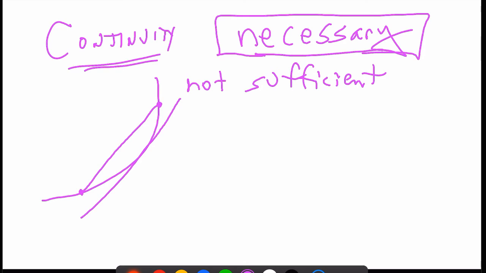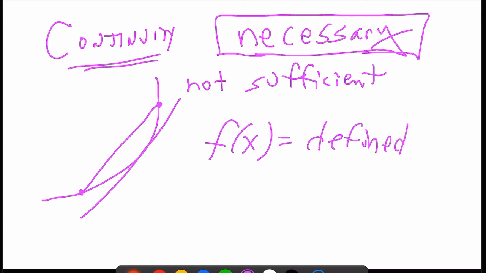Okay, fine. Don't believe me. So we need to know that there's an actual f of x. It has to be defined.